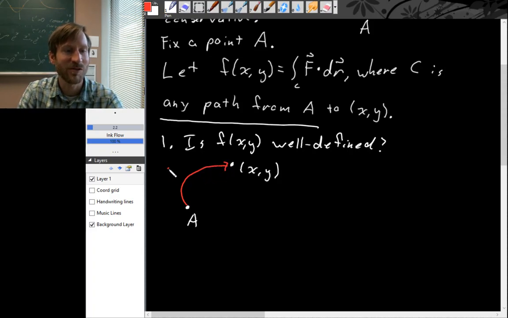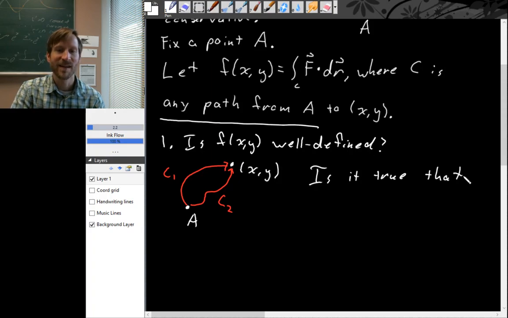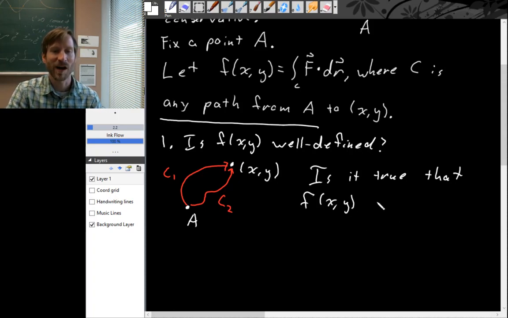For example, you might use this curve, we'll call that C1, and you might use this curve, which we'll call C2. So if you have two different curves, we need to know, is it true that f of x y, what the definition gives us for f of x y, is the same for both curves?